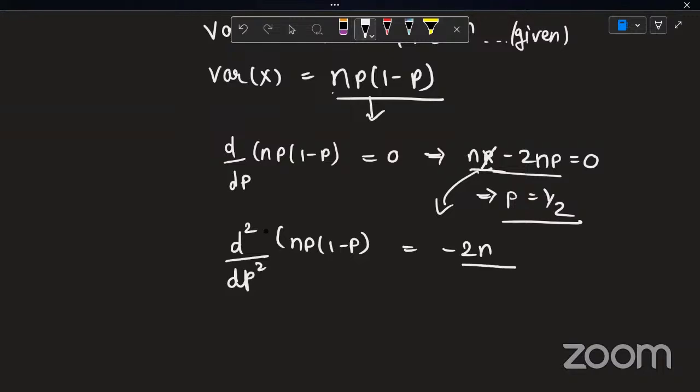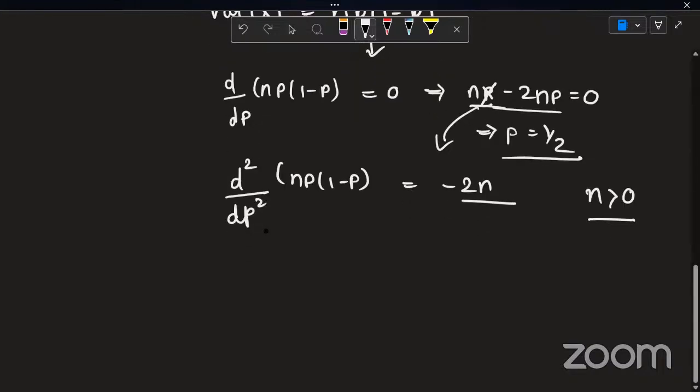So it's a negative value because n always takes positive values, it's a natural number only. So this double derivative is negative. That implies p is equal to 1/2 is your maximum point. So variance of x will attain maximum value at 1/2 only.